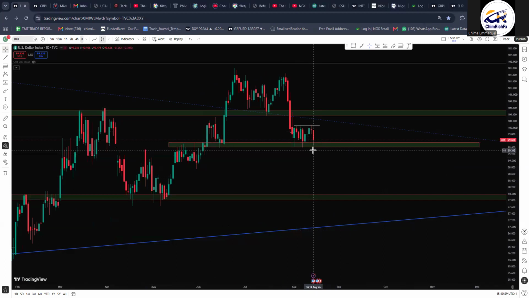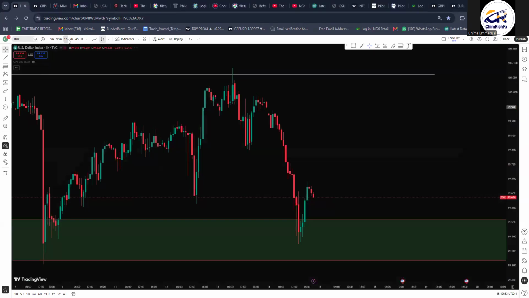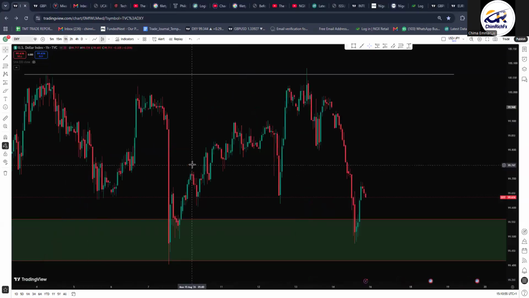We have to wait until we see a break of this zone. Sorry, not structure, of this zone. See a break, or we see a strong pullback. But whichever one, we just have to follow what the structural bias of the market is saying.